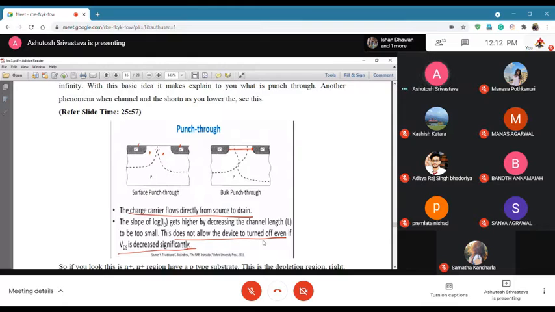So this basically destroys the proper functioning of your transistor. In other words, it would also be detrimental for your transistor operation in digital circuits.